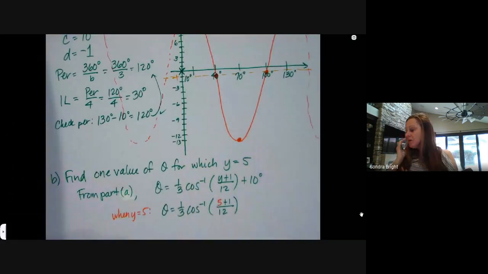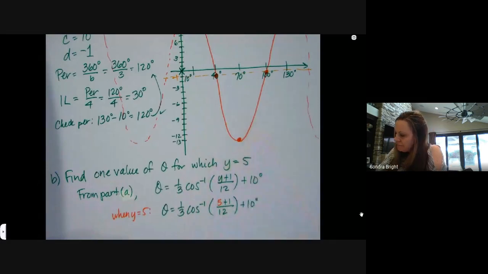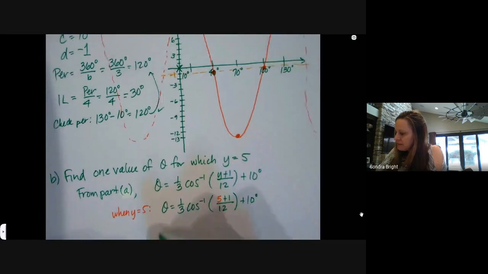And then we solve for theta. So this means that you've got 1/3 times inverse cosine of 6/12, which is 1/2.